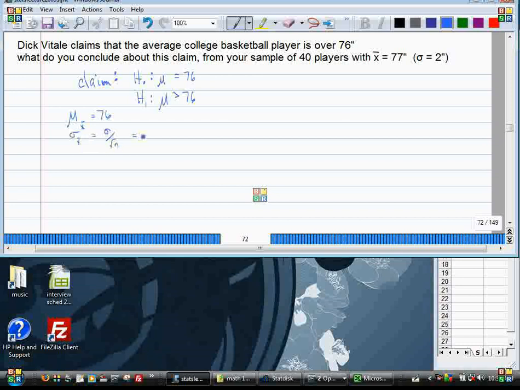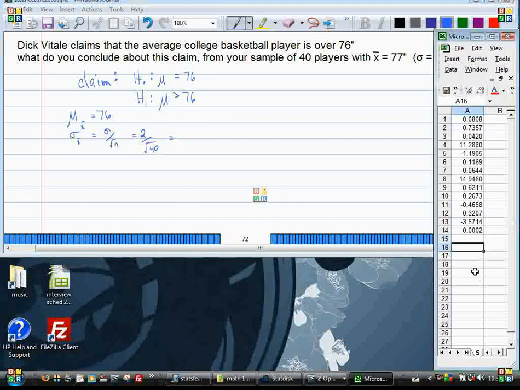So this is 2 divided by, what's n? 40. Okay. So now we have to work this out. So this equals 2 divided by the square root of 40, which is 0.3162.